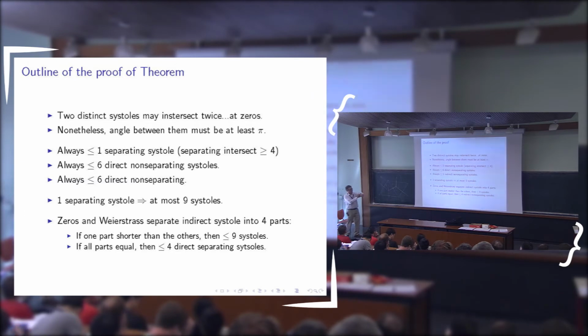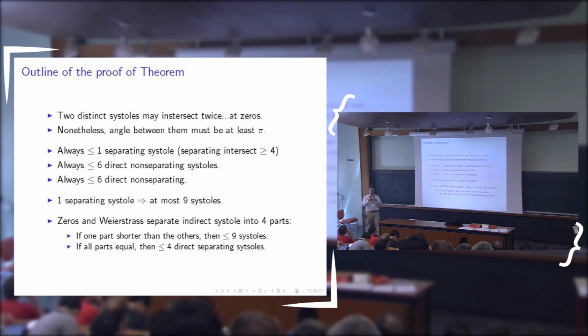Let me try to say something about the proof. So 2 distinct systoles may intersect twice at 0. So this statement is just to say that because we have conical singularities, we no longer have a smooth surface.